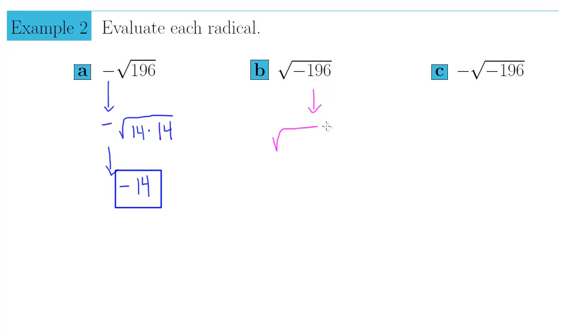So if I'm looking for a pair of identical factors in negative 196, maybe I try negative 14 times negative 14. Does that work? No, negative 14 times negative 14 is positive 196.